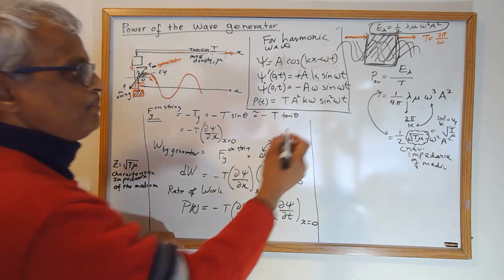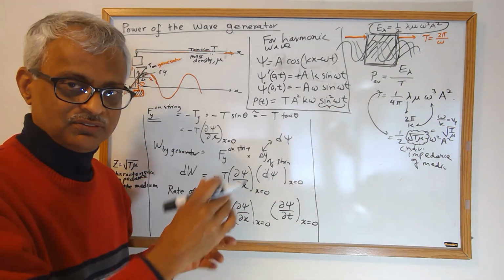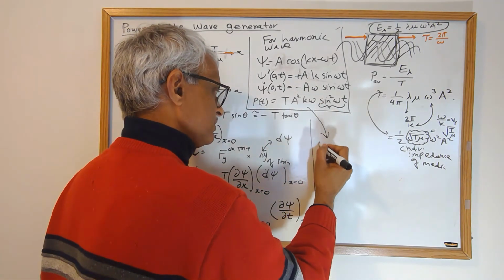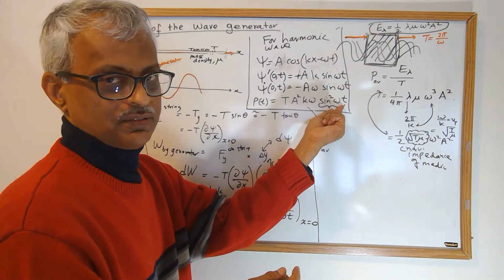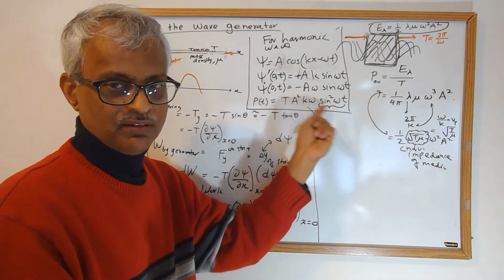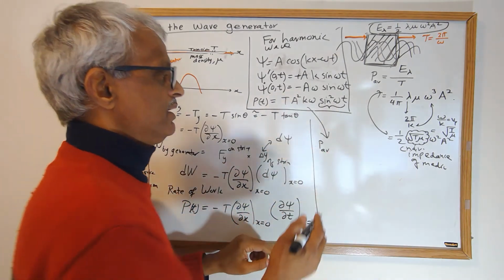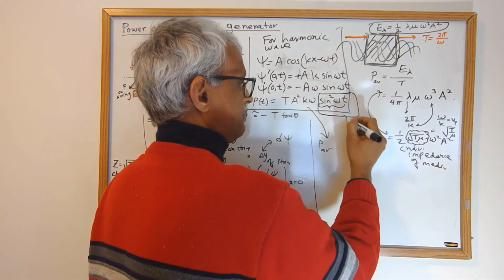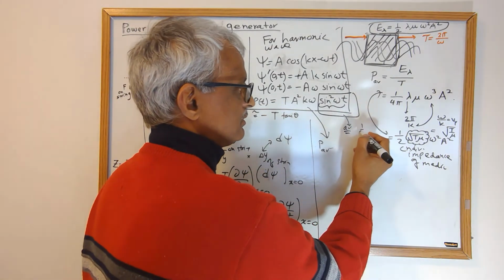It is a harmonically varying function. So we want to figure out what the average power is, P average. Here this varies over the period 2 pi over omega, because it's a square function, so I can just average over one period. The average over one period is half.